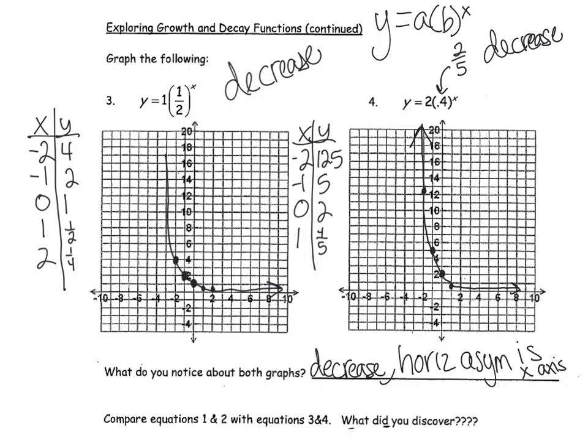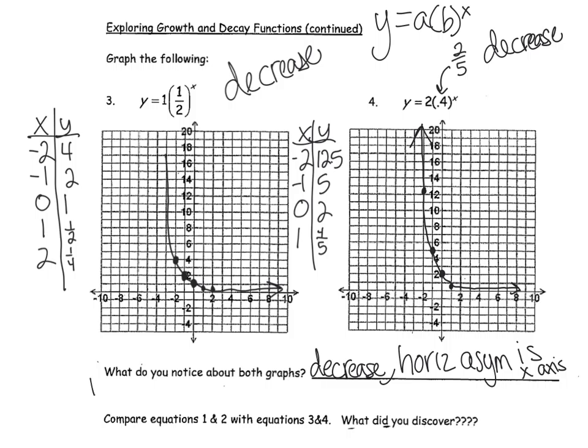Is it maybe coincidental that the increasing ones are one way and the decreasing ones are something else? So let's compare equations 1 and 2. Tell me about the b's.